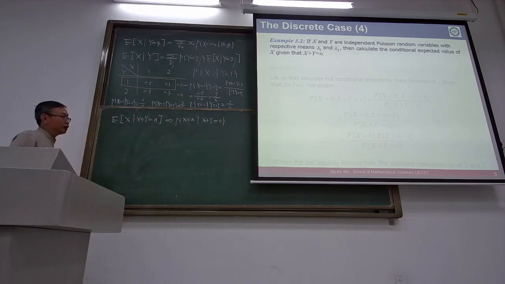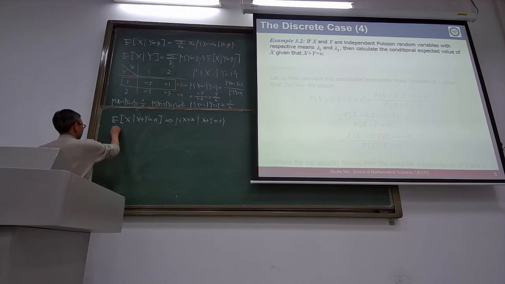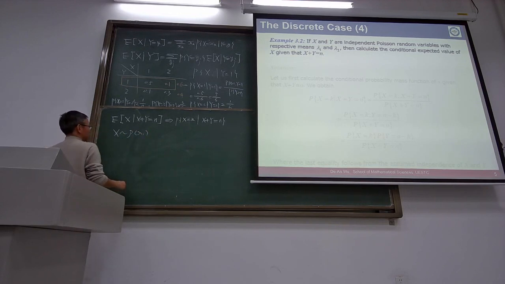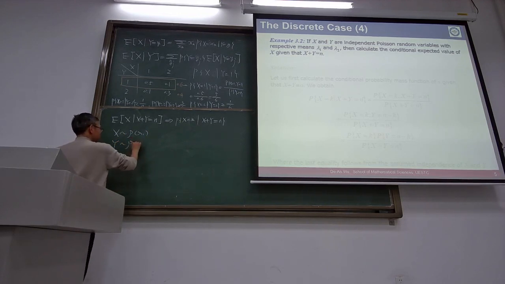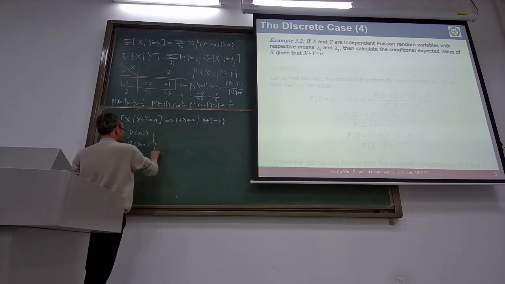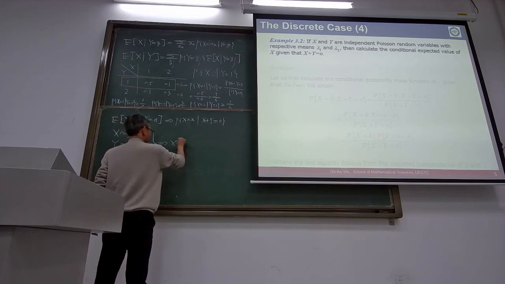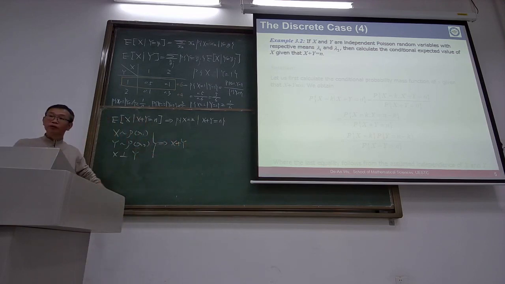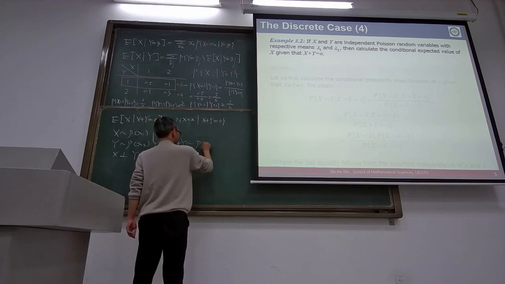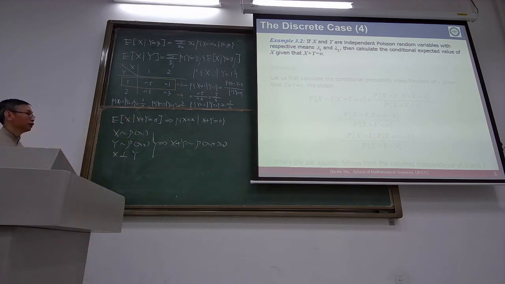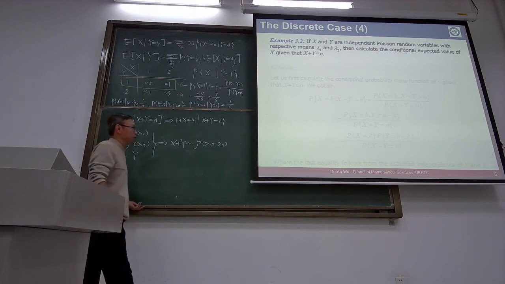In our question, X follows Poisson with parameter lambda 1, Y follows Poisson with lambda 2, and X and Y are independent. From this assumption, X plus Y follows Poisson with parameter lambda 1 plus lambda 2, using the additive property of Poisson.